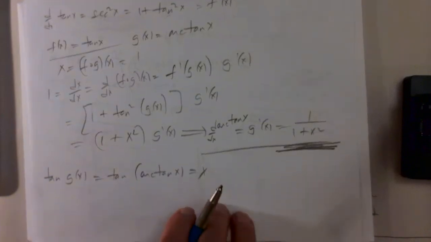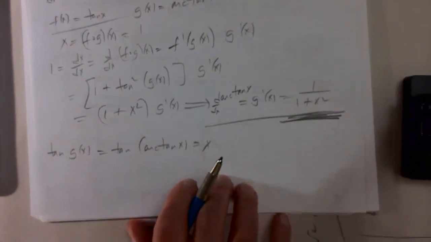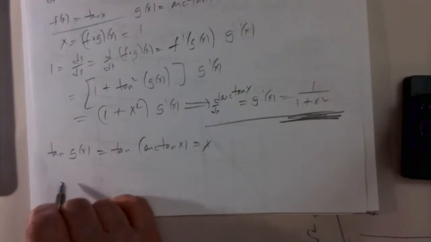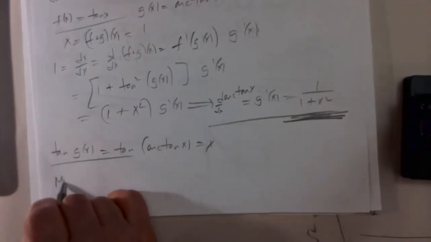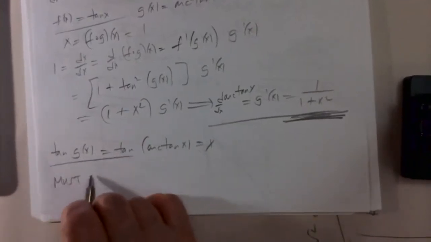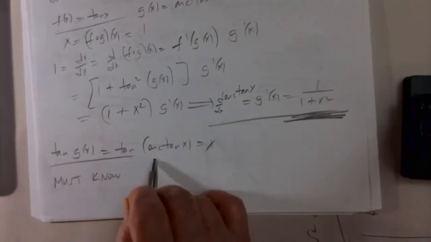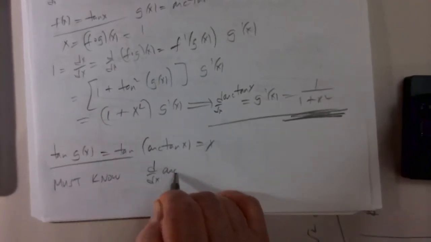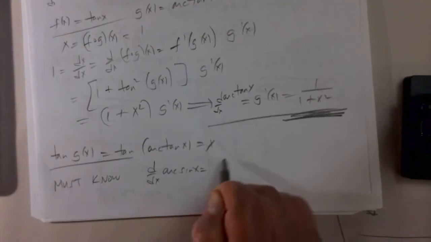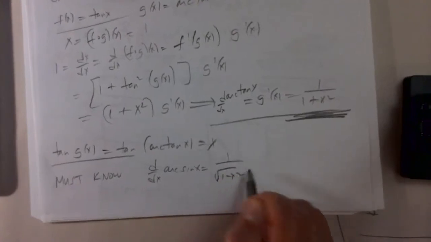So these are our two sort of fundamental differentiation formulas for inverse trig functions. These are things you must know. The derivative of arc sine x is 1 over the square root of 1 minus x squared.